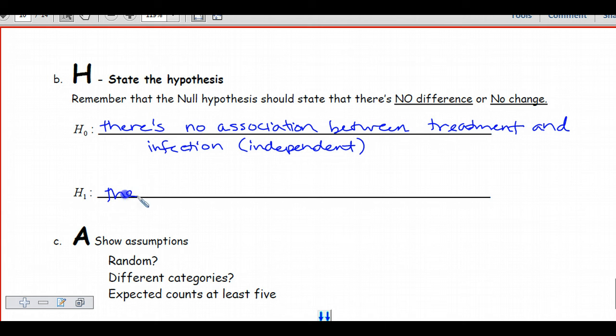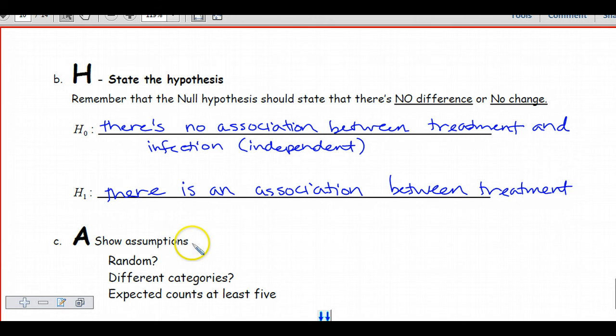This one would say there is an association between treatment, which is the echinacea treatment, and infection, which means somehow they do depend on each other. So that would tell us that they are dependent and that there is an association. So echinacea may be helpful with preventing getting a cold.